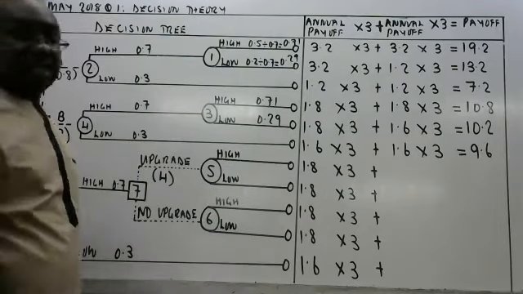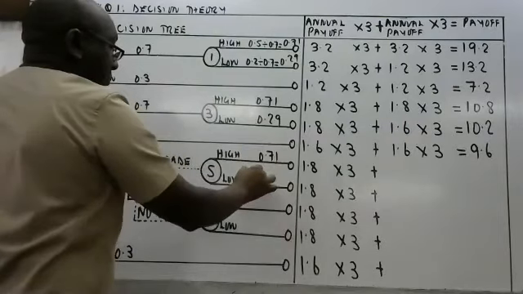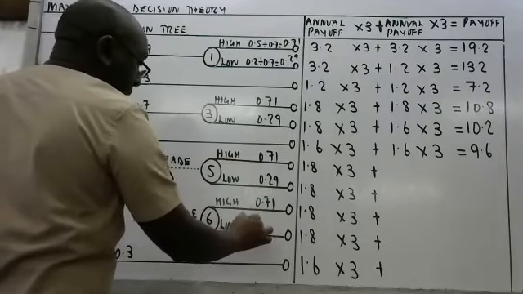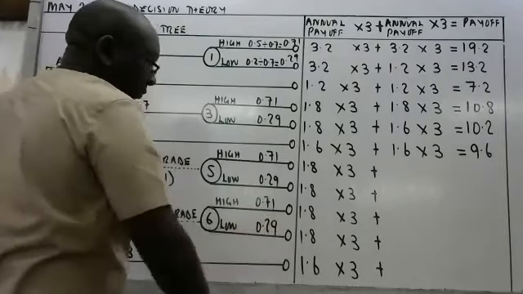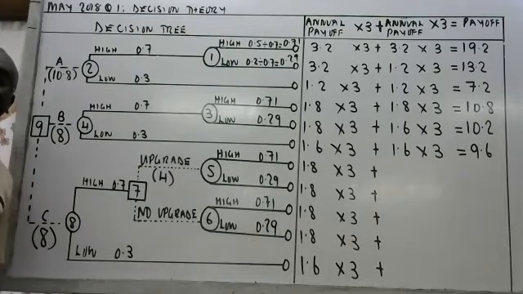We will still use the same probabilities we had up there, 0.71, 0.29. So we'll just use those probabilities.